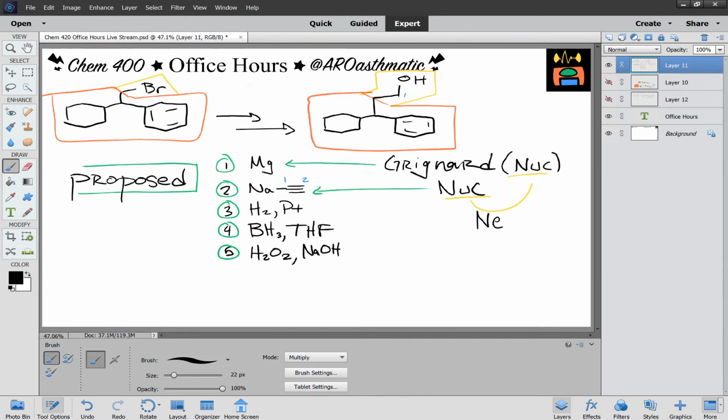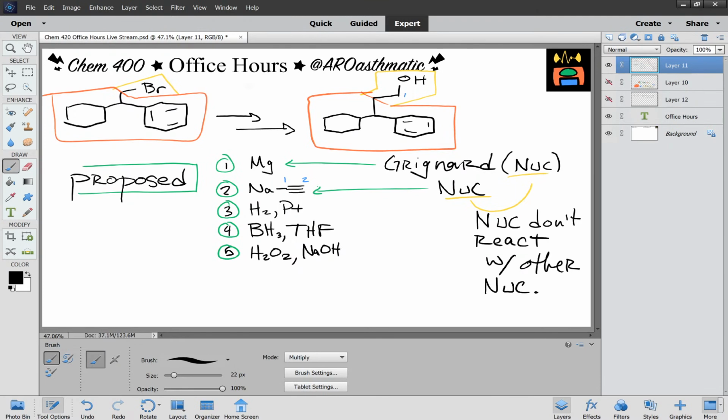So that is the biggest problem with this proposed synthetic setup. Turning the bromine into a Grignard is an excellent first step, but then we have to feed it an electrophile, right?